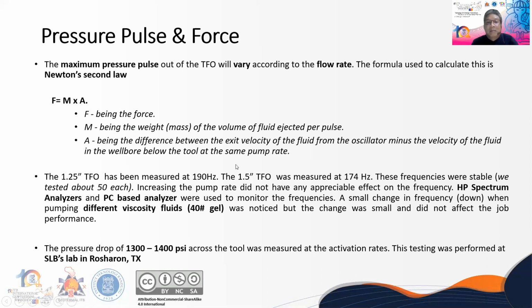This is a very ideal number once we pump fluid through the TFO system. This frequency was stable. Increasing the pump rate did not have any appreciable effect on the frequency. It means that once we reach the optimum frequency, putting in another flow rate will not change the frequency.